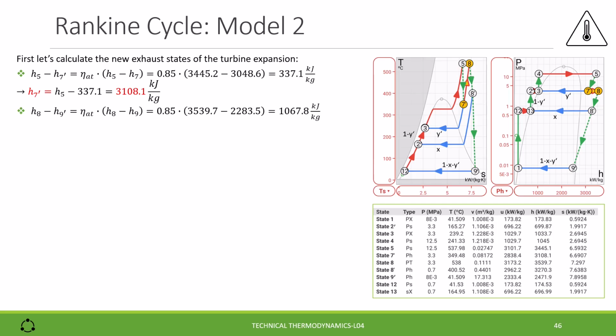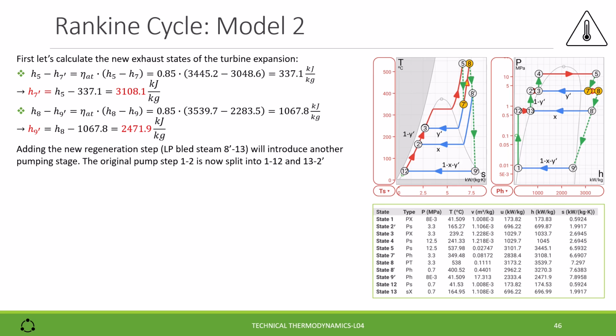H8 minus H9 prime equals efficiency of the turbine times H8 minus H9. Therefore, H9 prime equals 2471.9 kJ per kilogram.